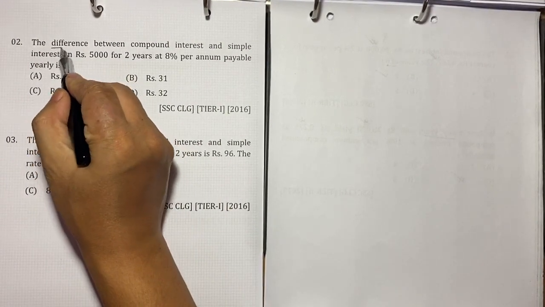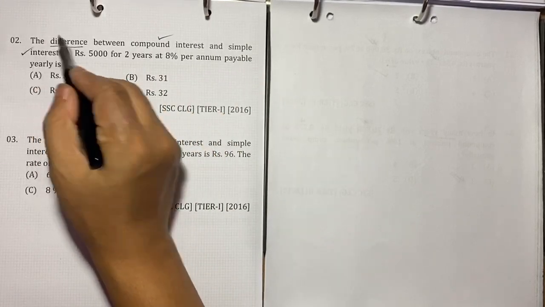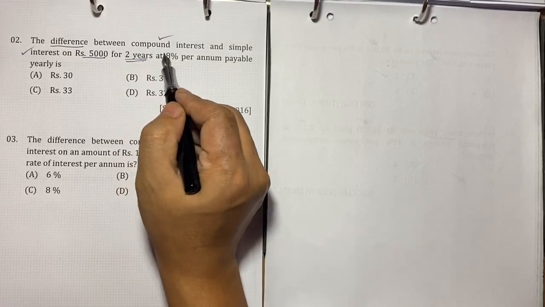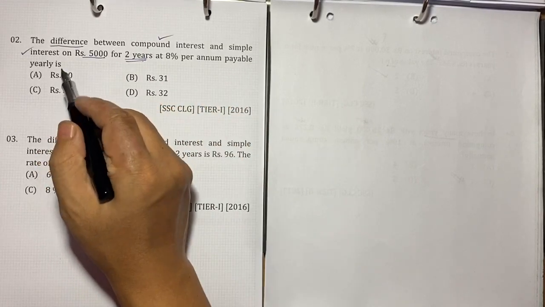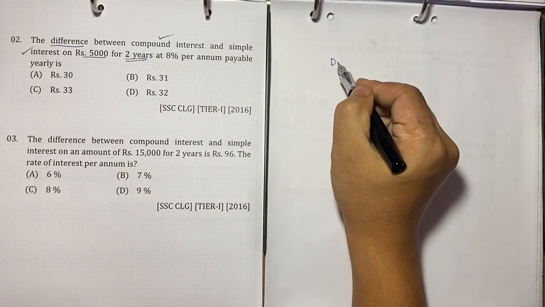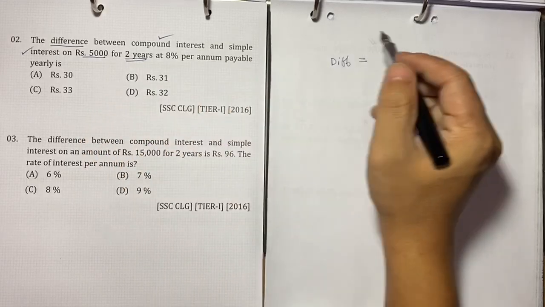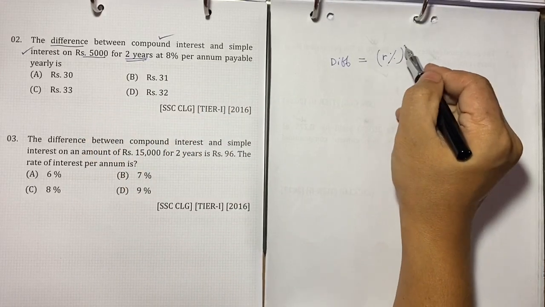The difference between compound interest and simple interest, principal given, for 2 years condition satisfied, at 8% per annum payable yearly. The difference formula is (r%) square into principal.